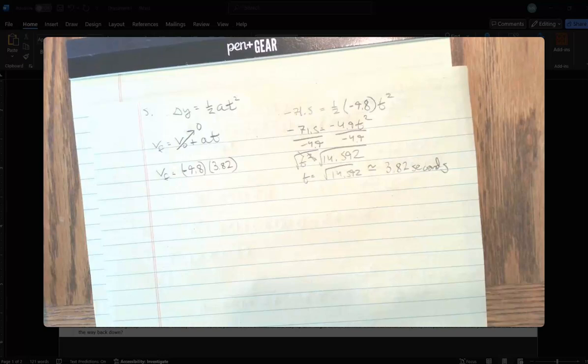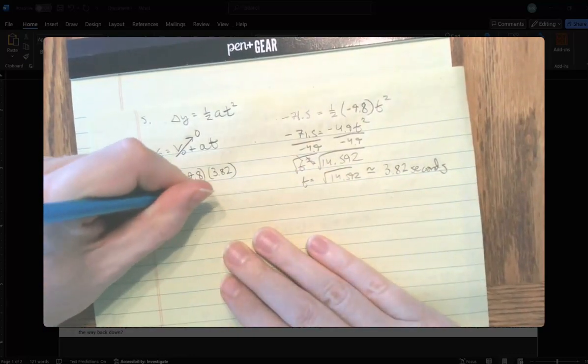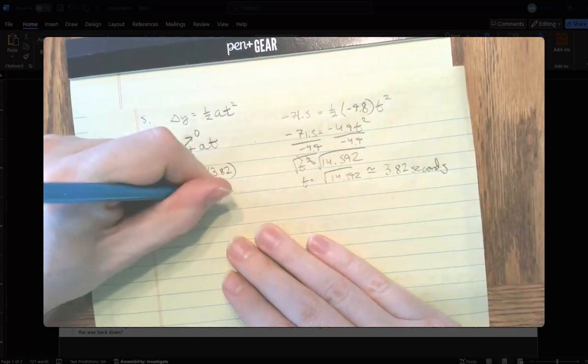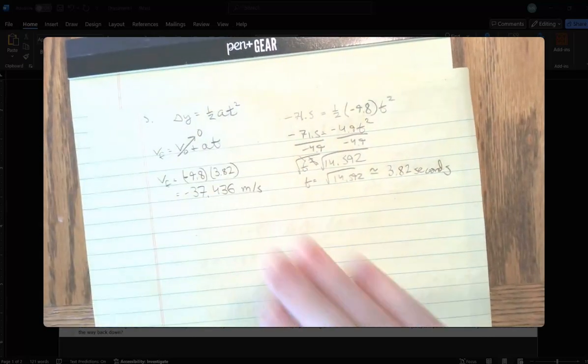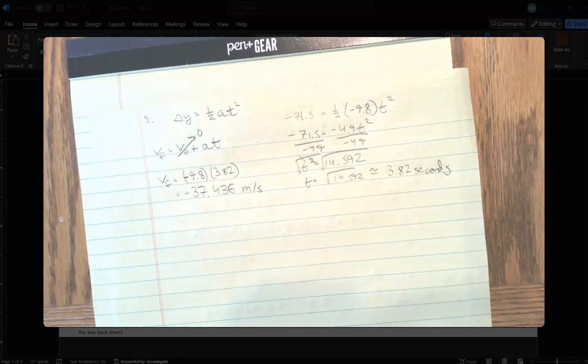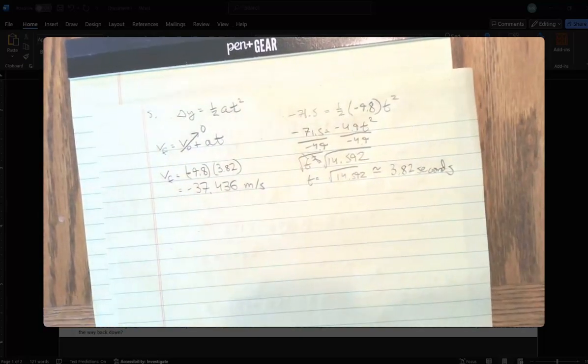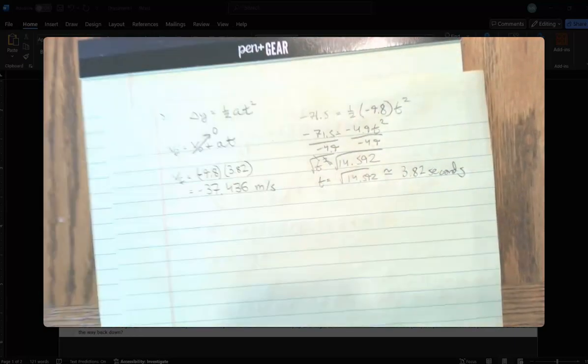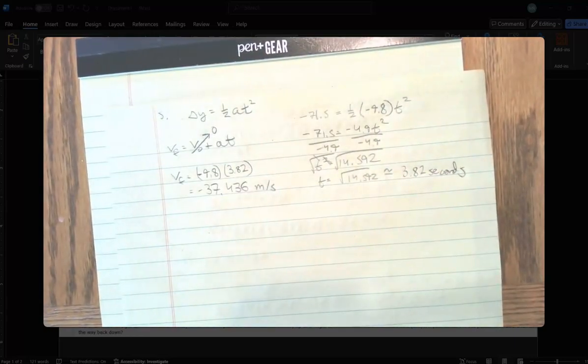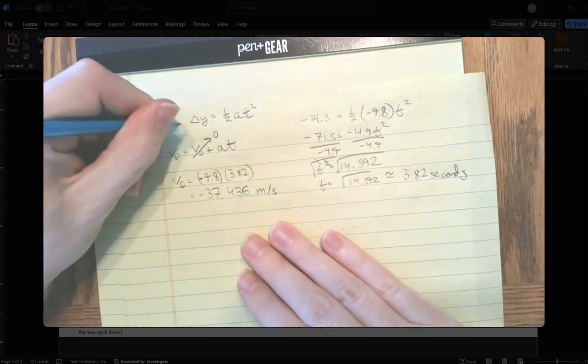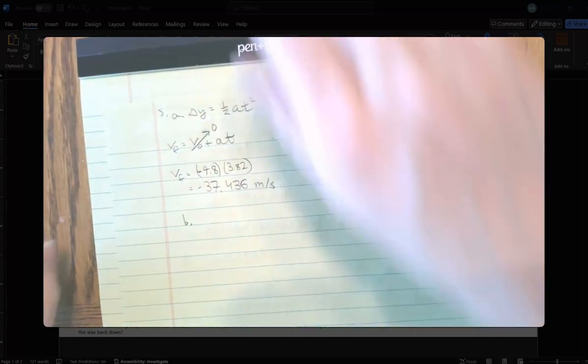So negative 9.8 times 3.82, and we end up with negative 37.436 meters per second. Oftentimes for these questions, it asks you just to find the magnitude. So the magnitude is going to be just 37.436. Again, the negative means that it's moving downward, so it's speeding up in the downward direction, if that makes sense. All right.